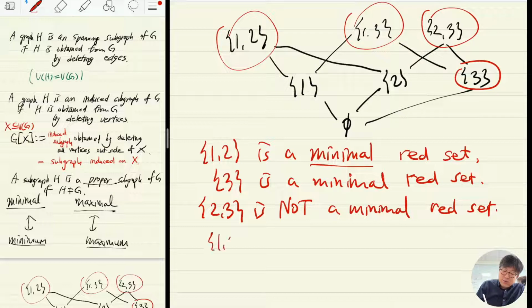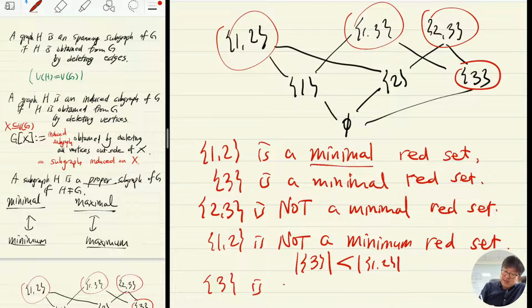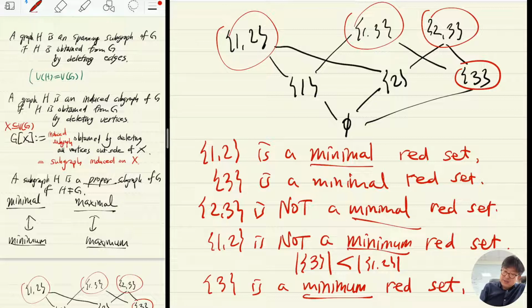However, 1, 2 is not a minimum red set because the size of 1, 2 is bigger than the size of 3. You have a smaller set which still satisfies the property of being red. 3 is a minimum red set.